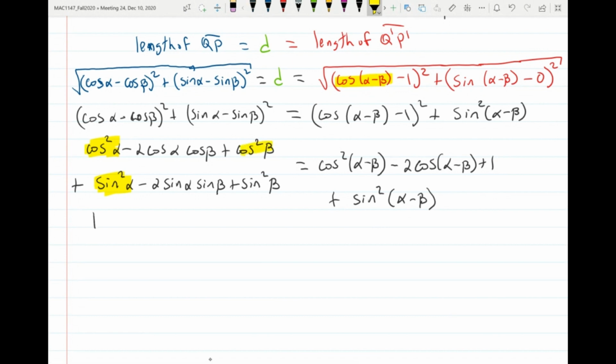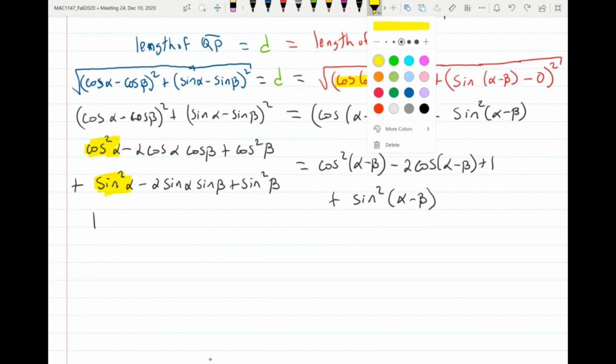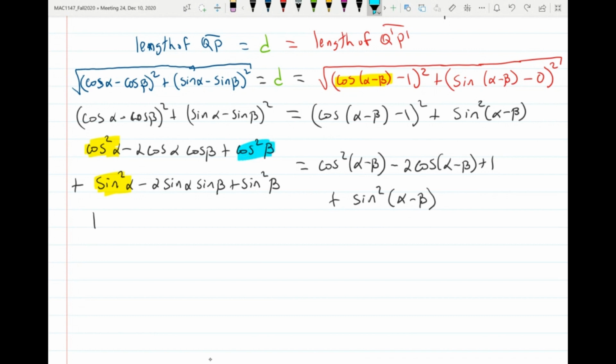Now notice that we also have cosine squared of beta plus sine squared of beta. What is that equal to? That's equal to 1 as well.